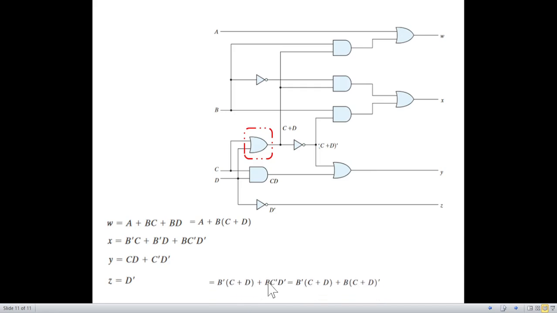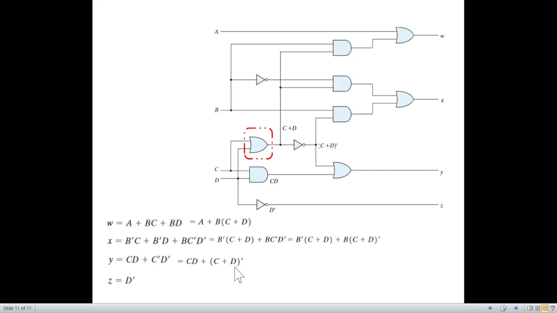Similarly with X, we can take B dash common. It will be CD, and then we can also break C dash D dash into C or D inverter. So both these gates are being used here and here. Then in case of Y, again, you take common CD, and we can break this one, not common, sorry.